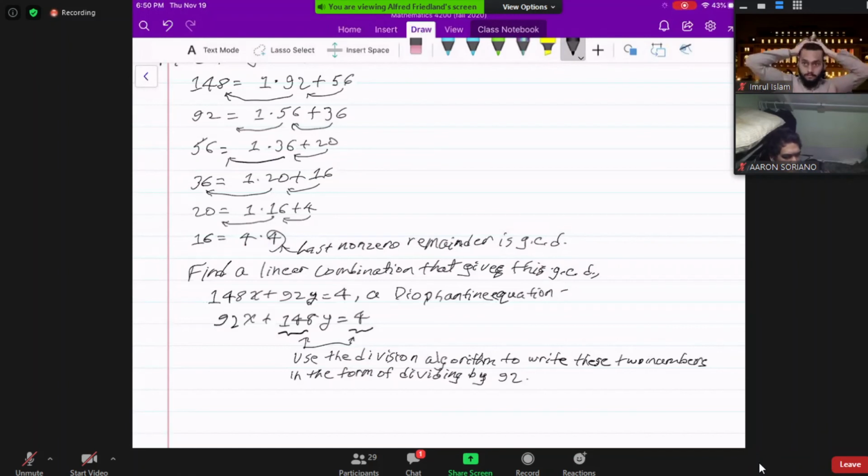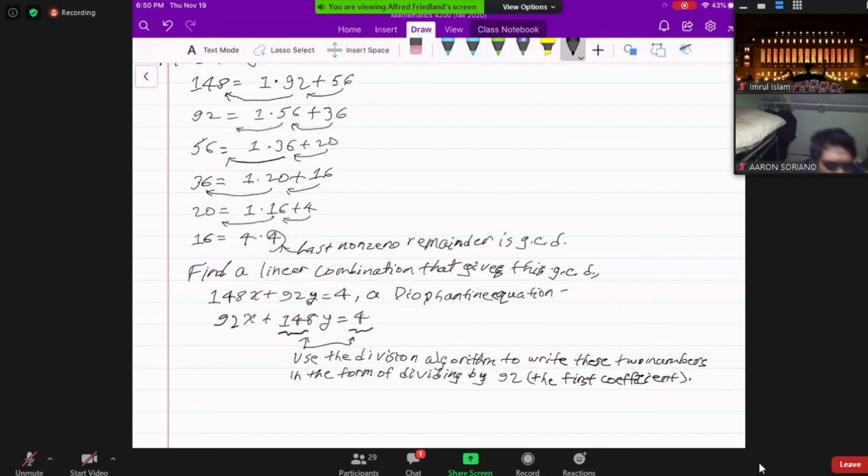And since you're going to divide by the first number, it's convenient to have the first number be the smaller one.